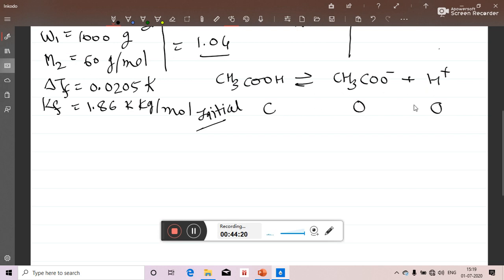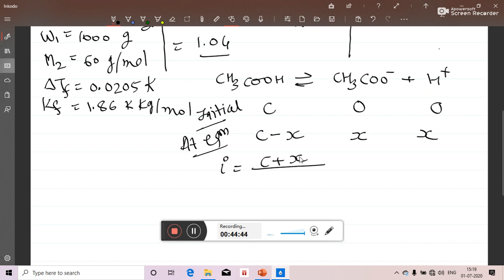Now at equilibrium, out of total concentration, suppose X amount is used up, so the amount of product formed will be X and X. Now Van't Hoff factor i is equal to total number of moles after dissociation, so that is C minus X plus X plus X, so that will be C plus X, upon total number of moles before dissociation.